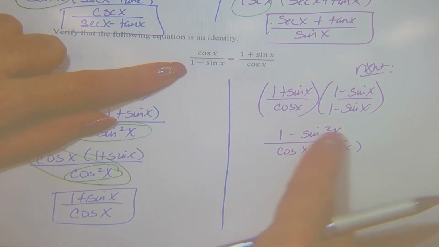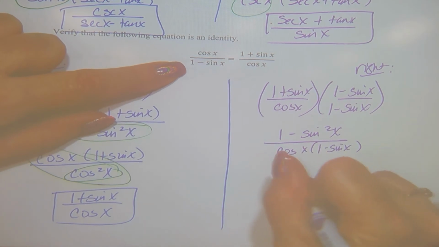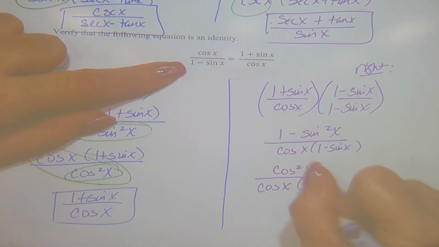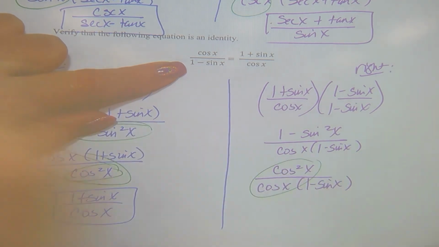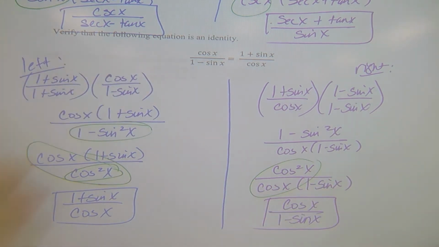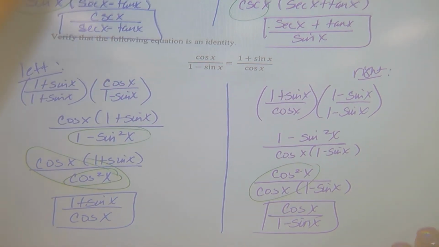So I need to cancel this out, so I get cosine squared x because of the Pythagorean identity. And then I simplify that common factor. And I have verified. Do the left or the right, you do not need to do both. But the more practice you get now, the better off you are.